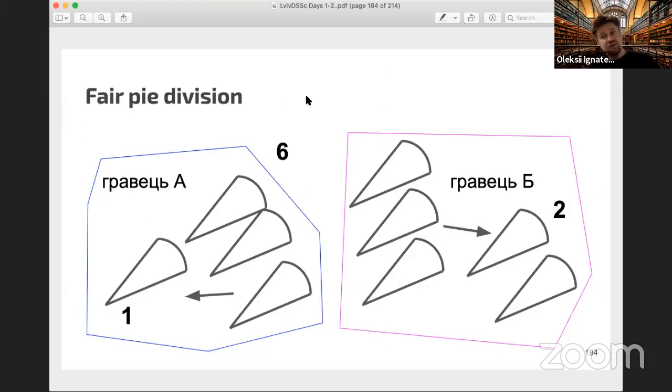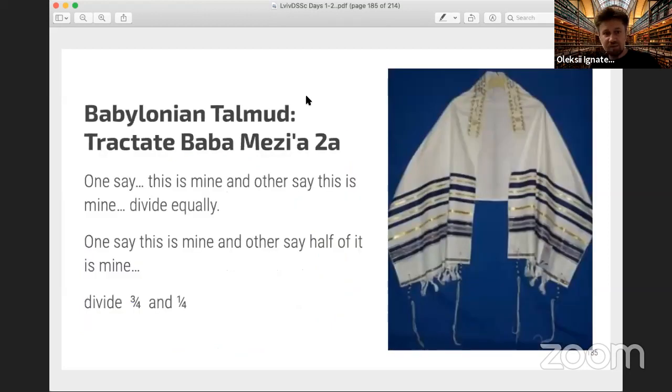And this is actually very old. I mean, it was formulated maybe in game theory, but the idea is actually quite old. There is a part in the Babylonian Talmud that speaks about property with uncertain rights. The book says the following.